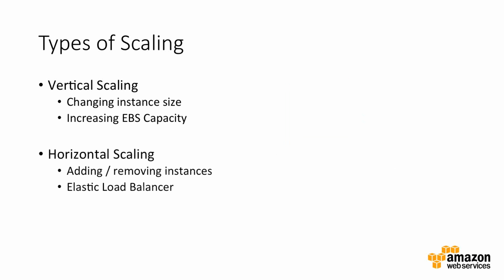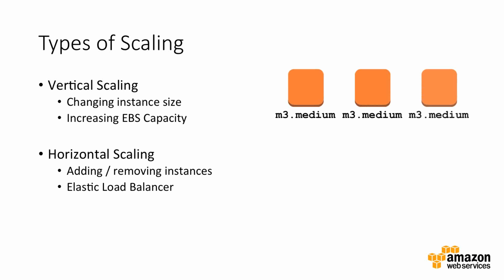To scale horizontally really means to scale out or to add more nodes or instances to a system. Rather than scaling up to handle the increased load, we can add more instances to increase the total compute or memory available to a given application or process. Another thing that you could do is add an elastic load balancer to handle web traffic for multiple web servers.